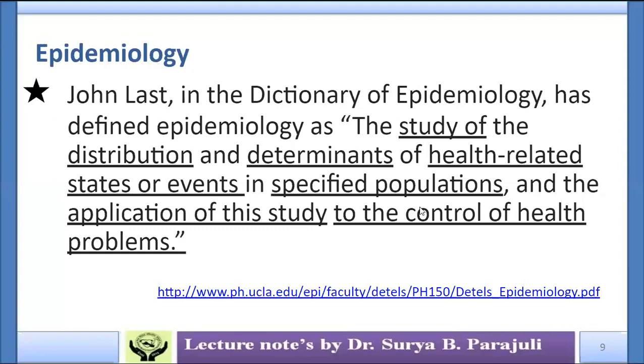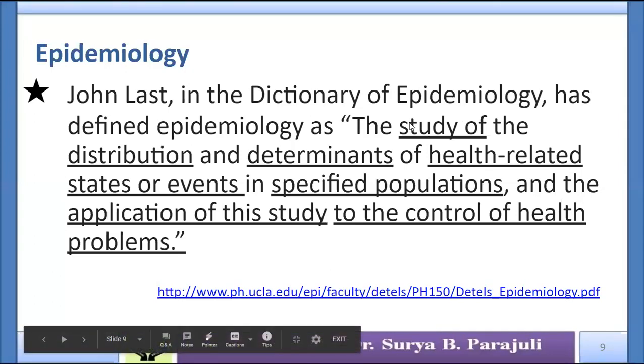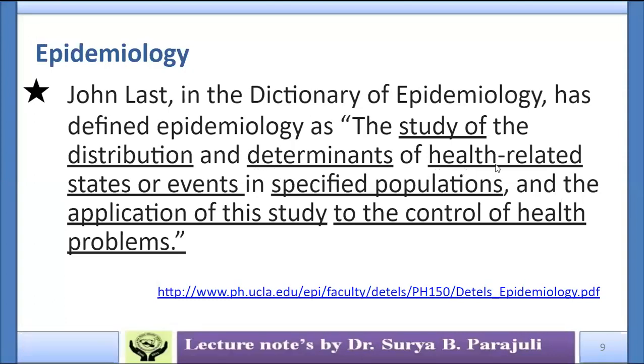In terms of COVID-19, our first question is, what is the total number of cases? That means frequency. Actually, in this definition, you can see the study of distribution and determinants of health-related states or events in a specified population. It should be specific, and the application of this study to the control of health problems. This is the definition given by John M. Last.